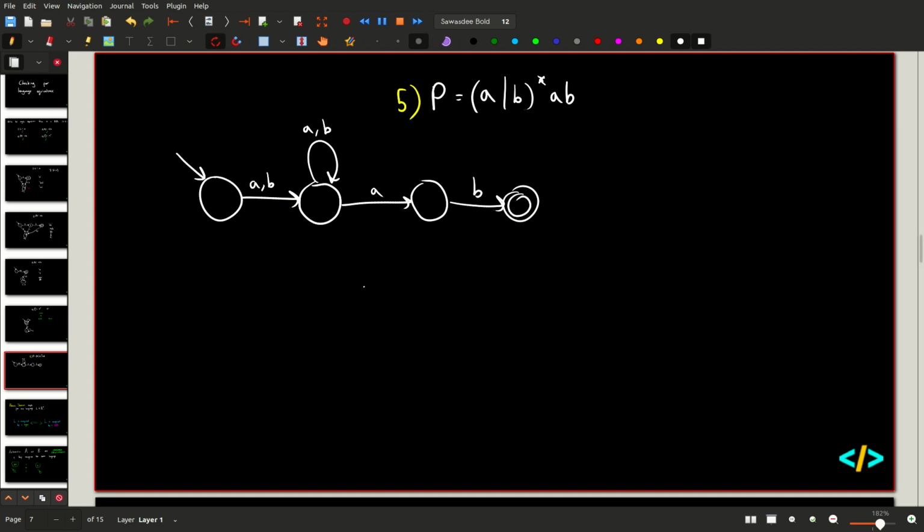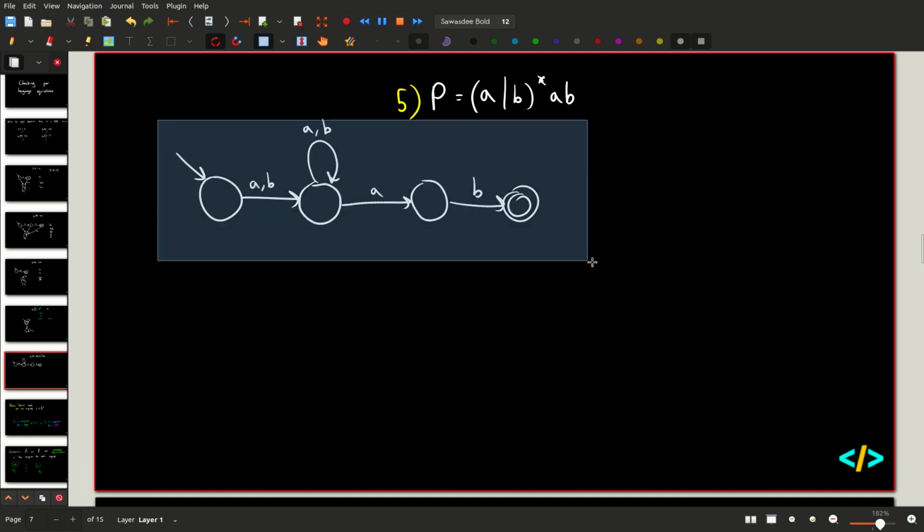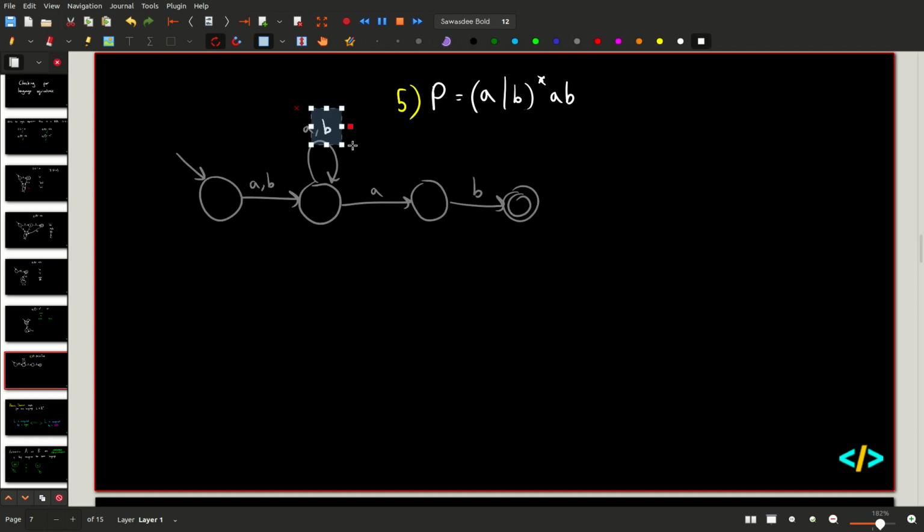It's because we're doing an NFA here. We can have multiple transition functions, so this isn't a total DFA. But yeah, this accepts anything followed by an AB. We know our alphabet's just A and B, so anything followed by an A and B. Let me put this in grey just to make it clear that it's an NFA.